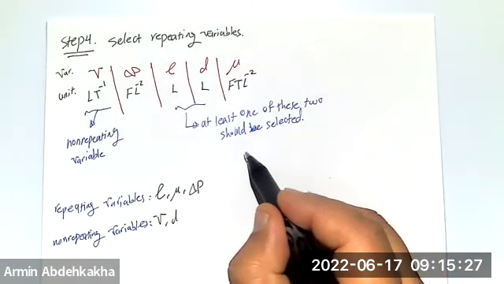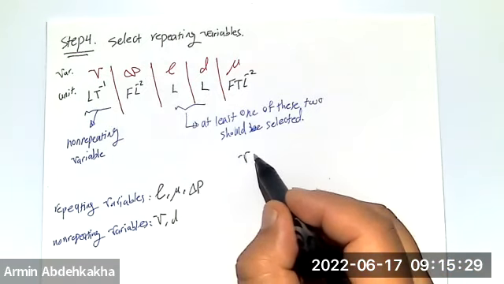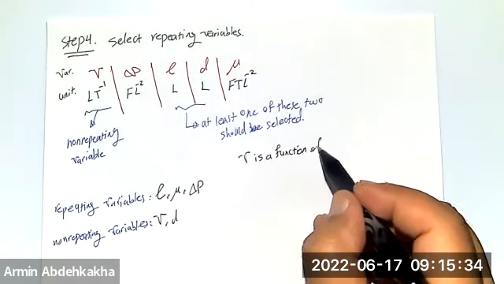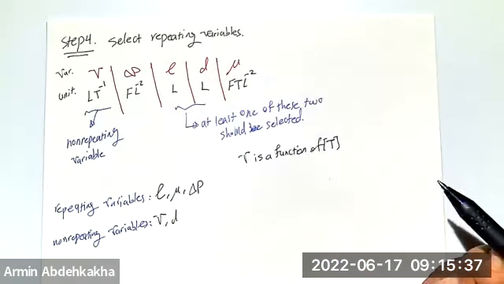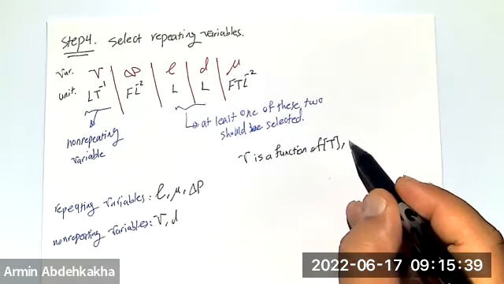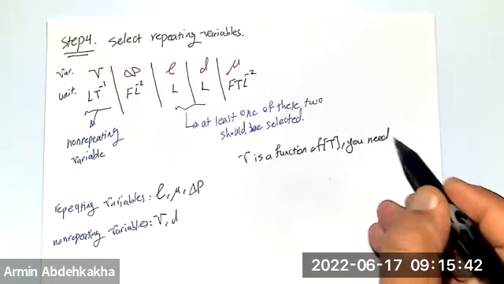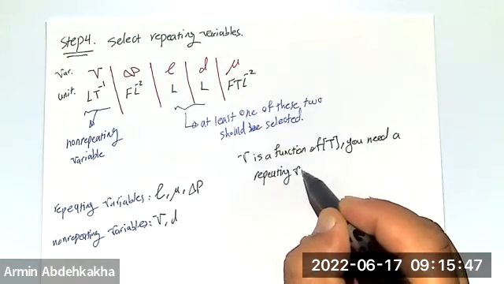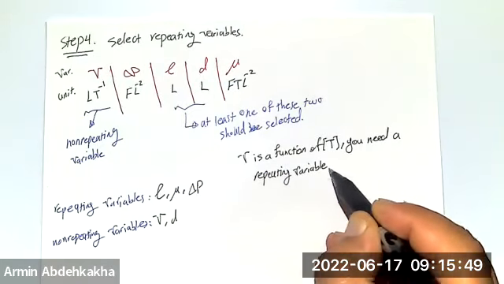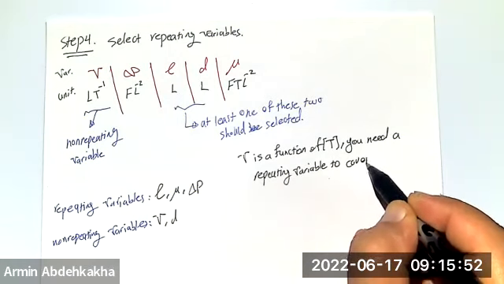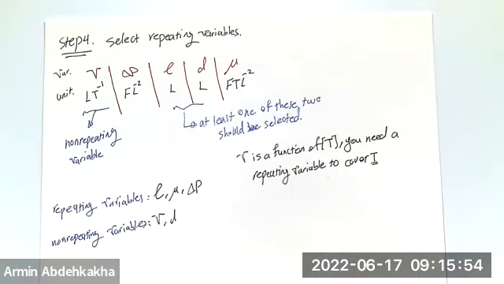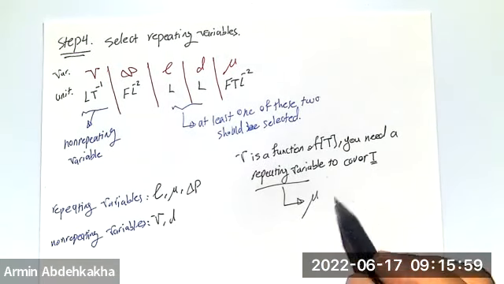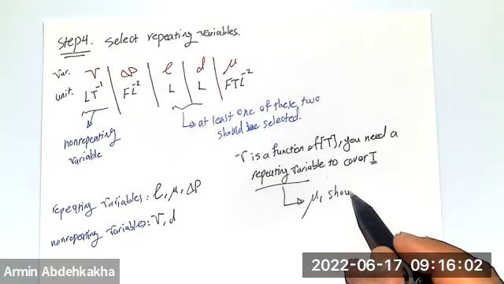So if I write the rationale behind that, V is a function of T, and you need a repeating variable to cover T. What is that repeating variable? It's going to be mu. So mu should be selected.